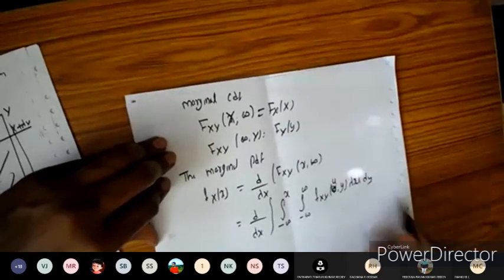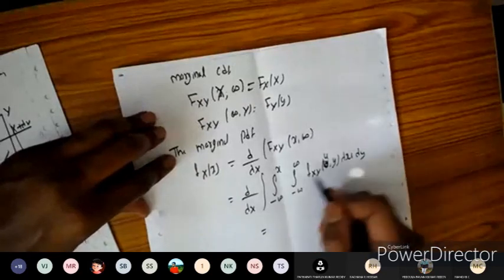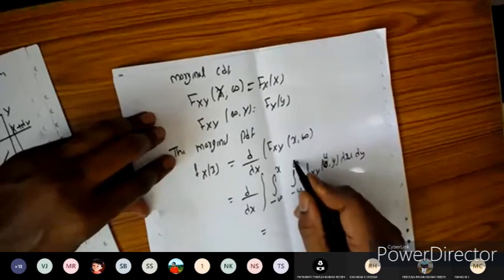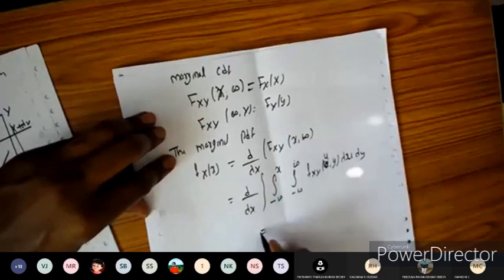So the integral from minus infinity to plus infinity over the other variable gives the remaining quantity.